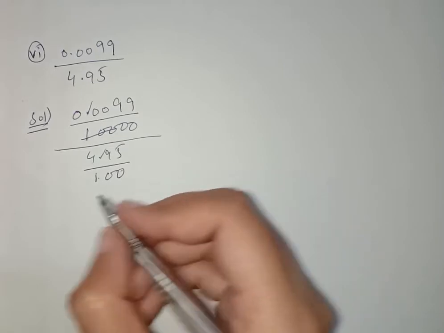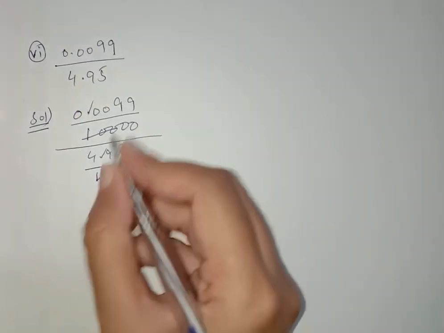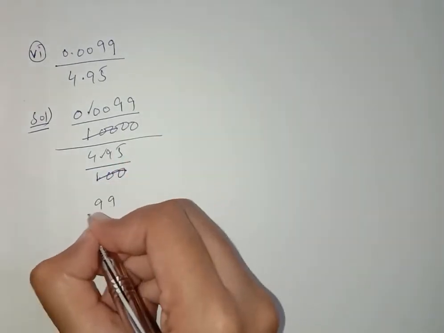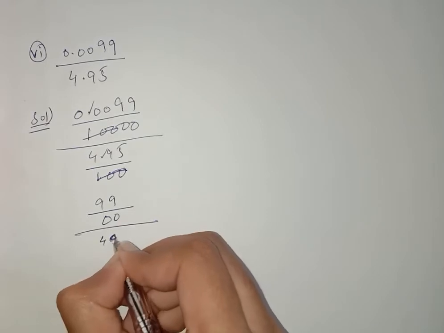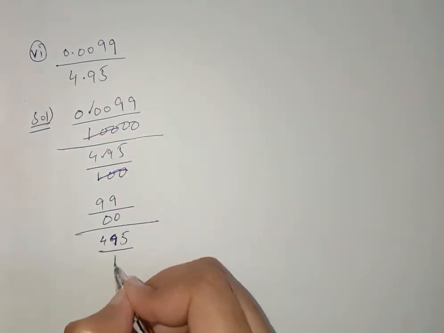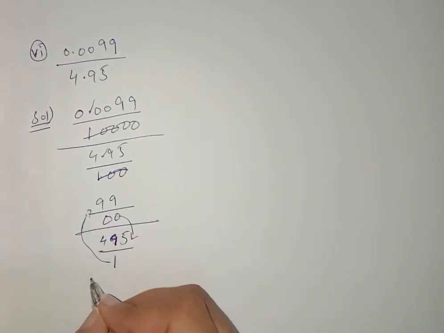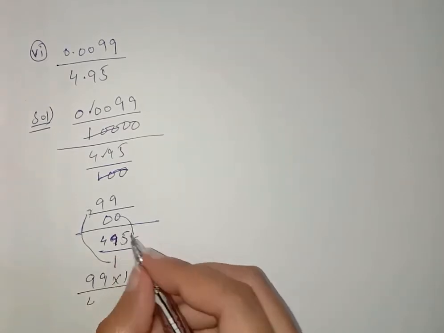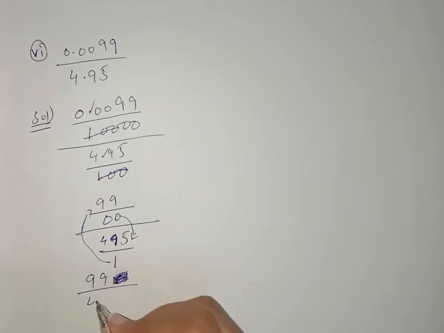So 100 cancels with hundreds, so here remains only 99 by 00 and 495 with only 1. 99 multiplies with 1 and these two zeros come down, so 49500.